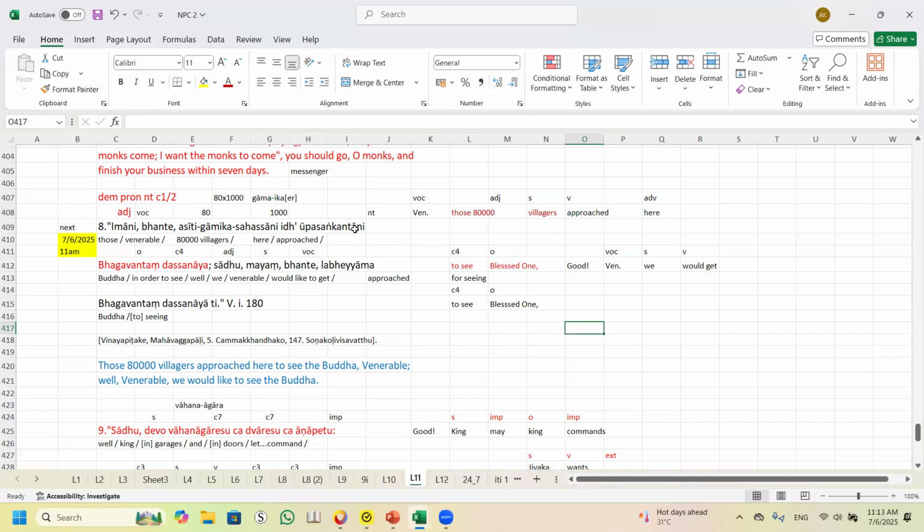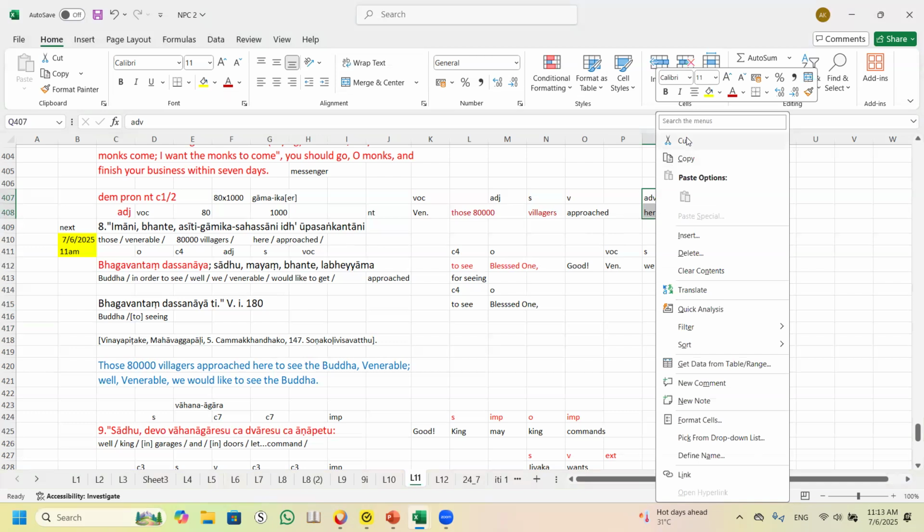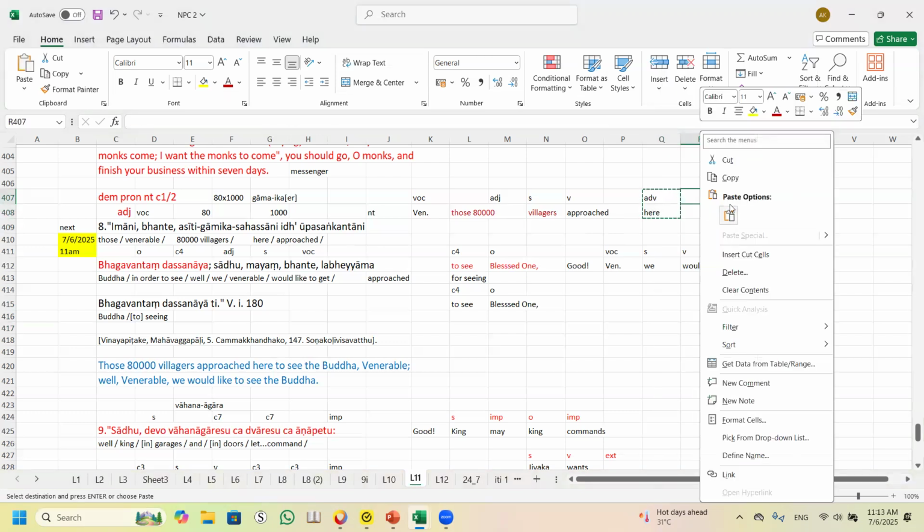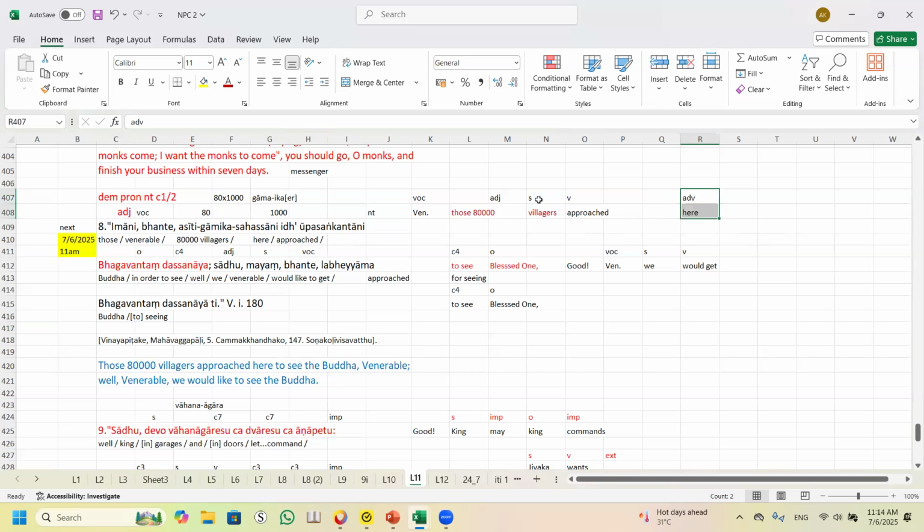And then this one is also a PPP, which means approach. Technically, normally a verb can take an object, but here the object is not mentioned.